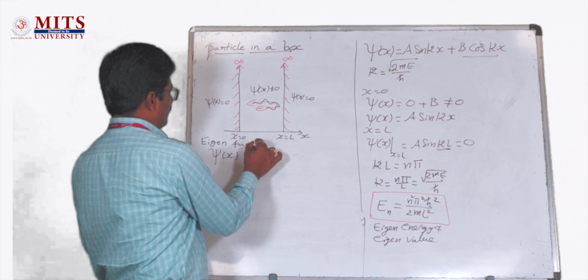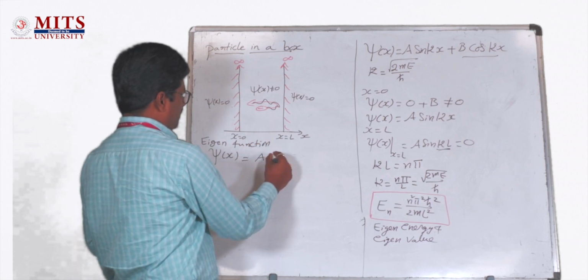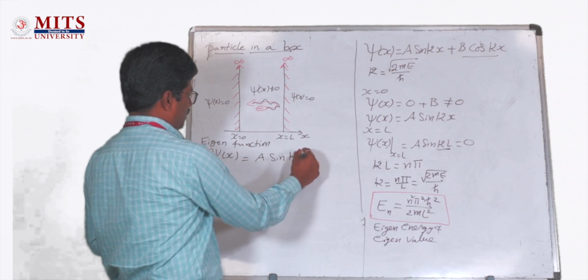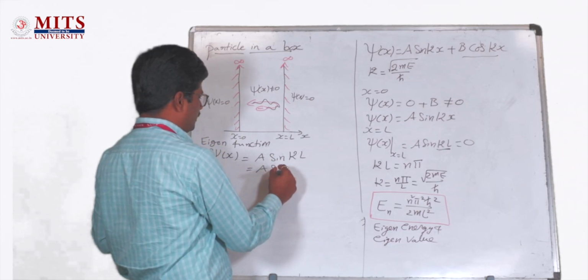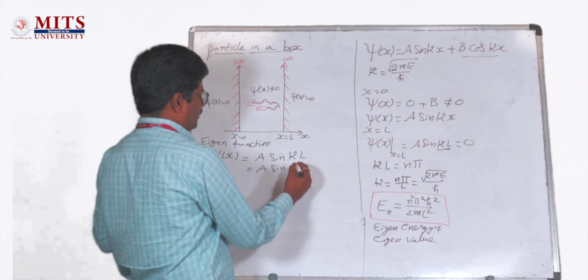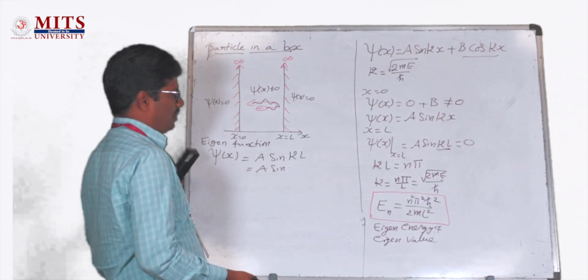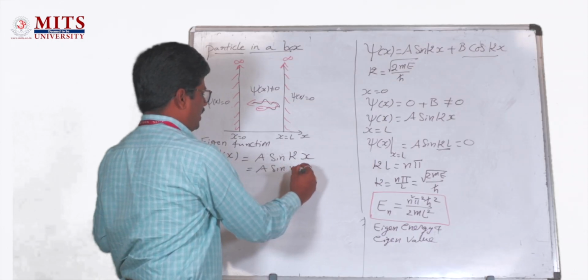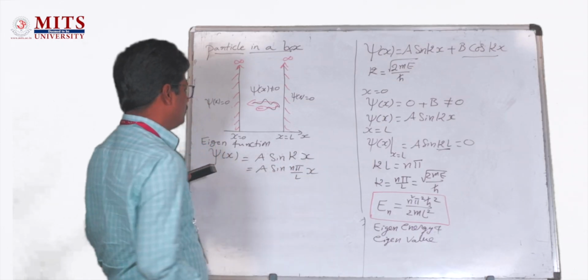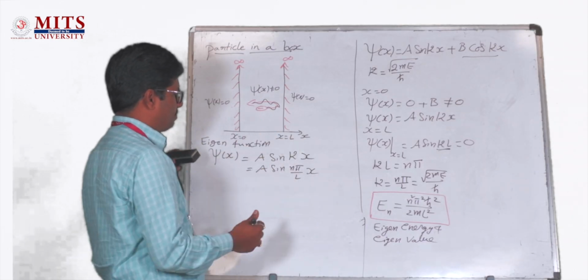So the eigenfunction for this particle is psi of x is equal to A sine kappa x. Now that we know the kappa value, we can substitute kappa x as n pi by L into x. This is psi of x for us, the wave function.